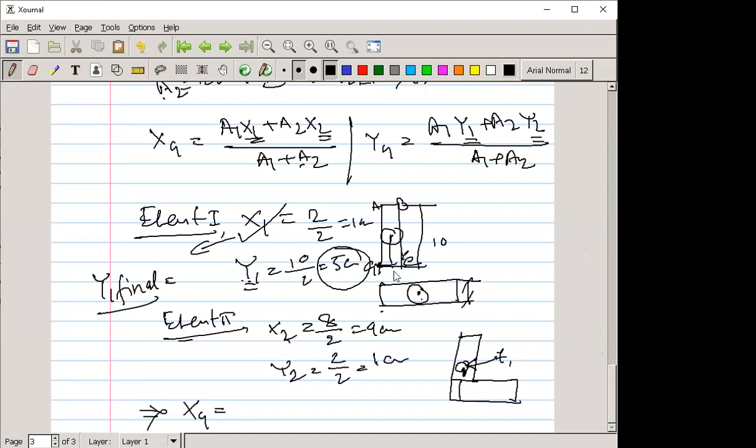So y1 final is 5 plus these 2, so 5 plus 2 cm, that is 7. So that is your y1 final. And for element 2, that is your x2. x2 is from this 0 coordinate, so that is your 4. And y2 from this 0, so that is also 1.